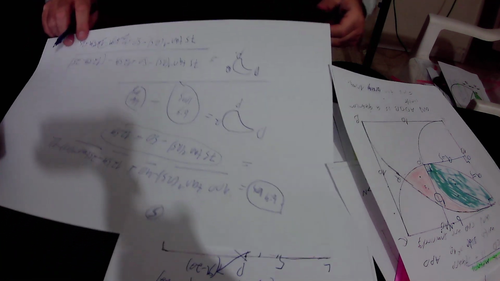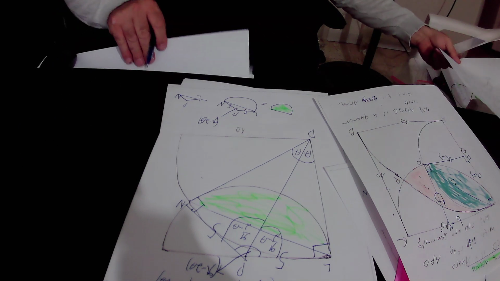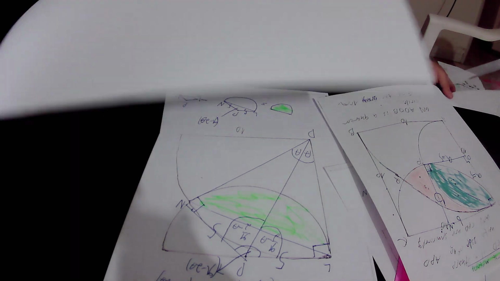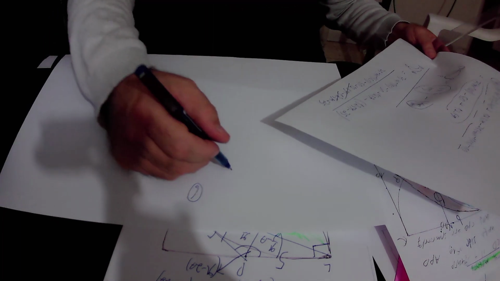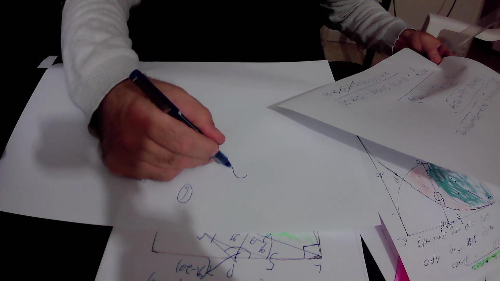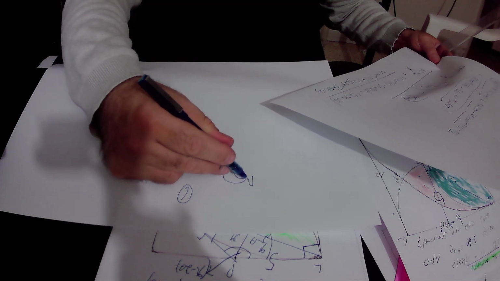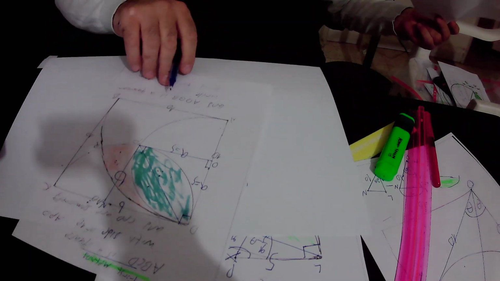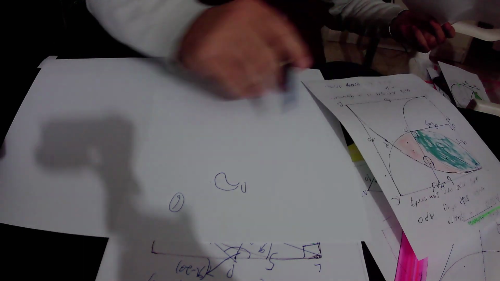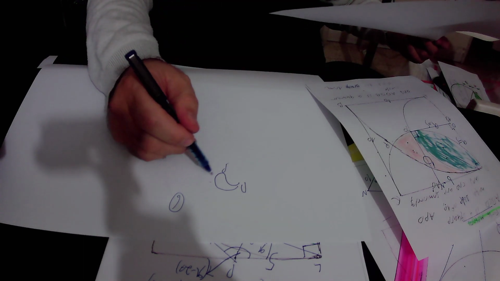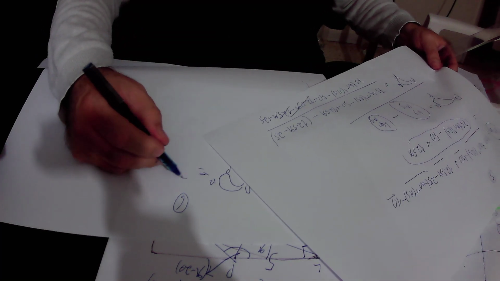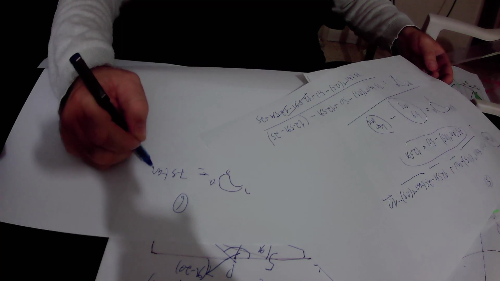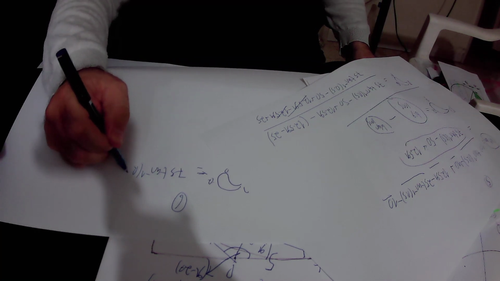And in conclusion, we actually found out that the area of the orange shape, DPQ, equals 75 times tangent minus 1 of 0.5.